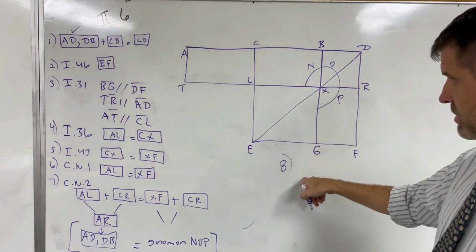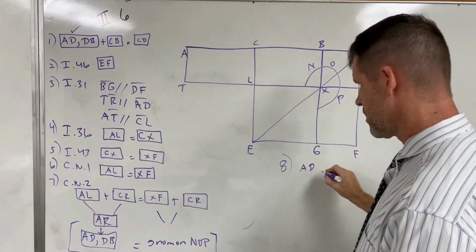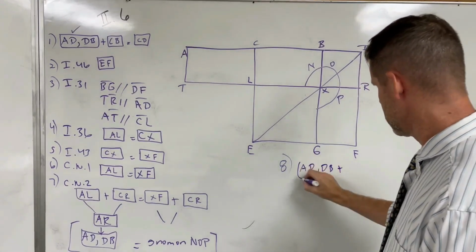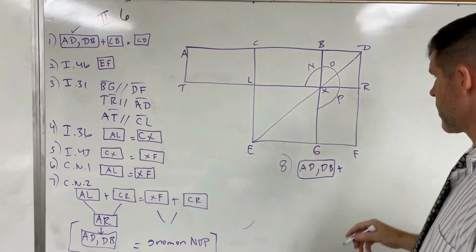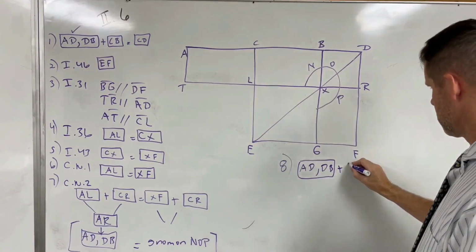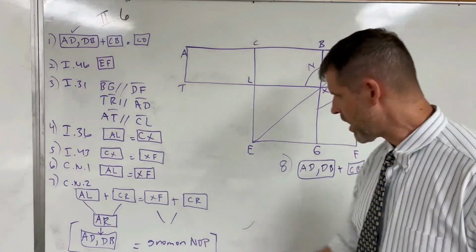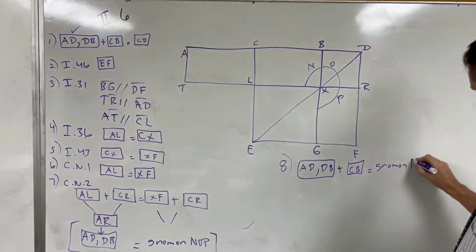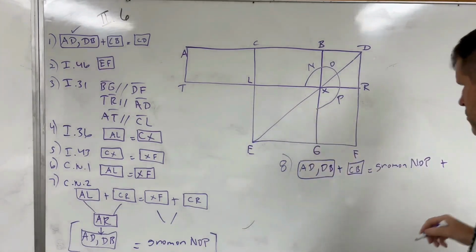So I can write in step 8 that the rectangle AD, DB, plus LG, which we said was equivalent to the square on CB, is equal to the gnomon NOP plus the figure LG.